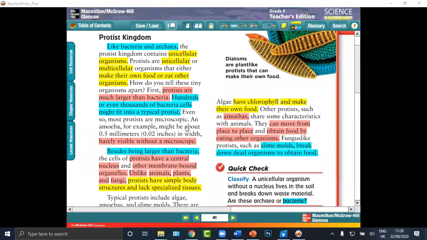This information is so important. Maybe 100 to 1,000 bacteria cells might fit into a typical protist. Sometimes we can see it without a microscope. Its length is 0.5 millimeters.